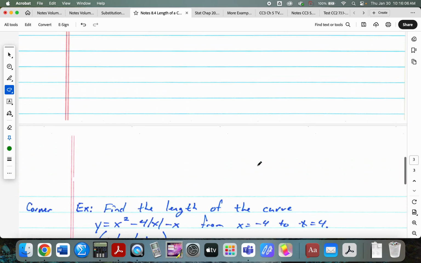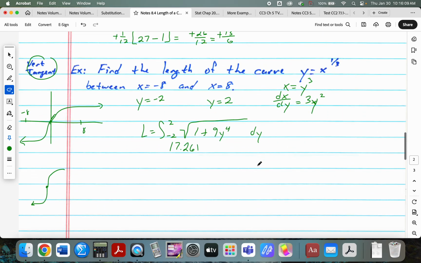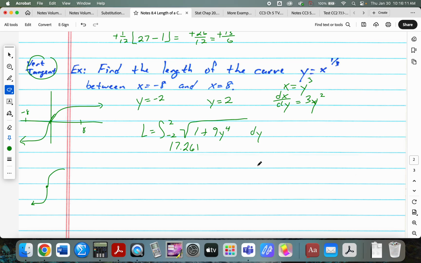Okay. I do want to go back to this previous one. I wanted to make sure we had time to talk about what would have happened if we had tried to do this in terms of x.